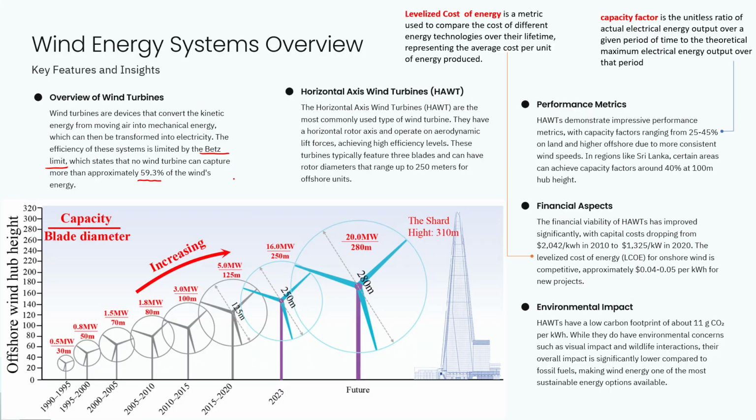For an example, if your turbine manufacturer said the wind turbine is 85% efficient, what the real efficiency would be is 59.3% times 0.85, right? So this is the real efficiency. You can see that there is a theoretical limit for the maximum energy that you can extract from the wind in a wind turbine.